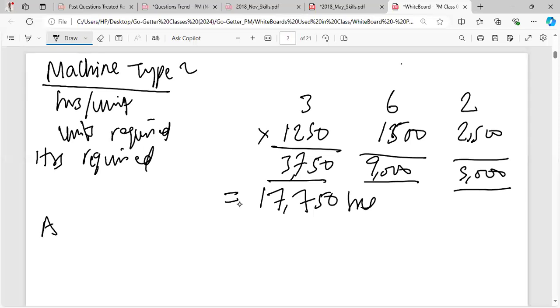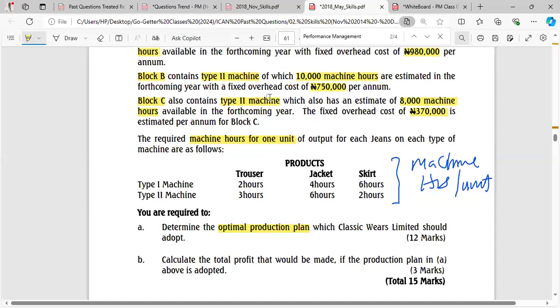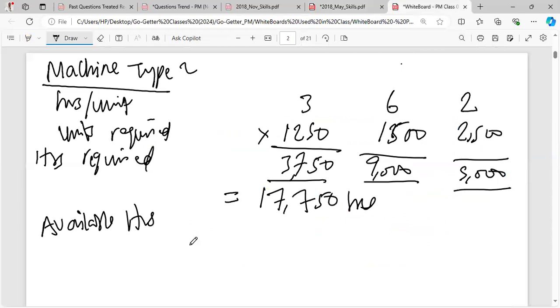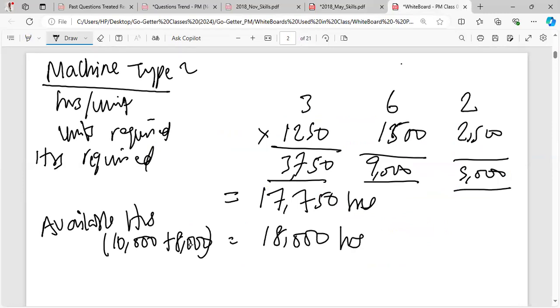Then available hours. We are using it for block B and block C. 10,000 plus 8,000 gives me 18,000 hours.